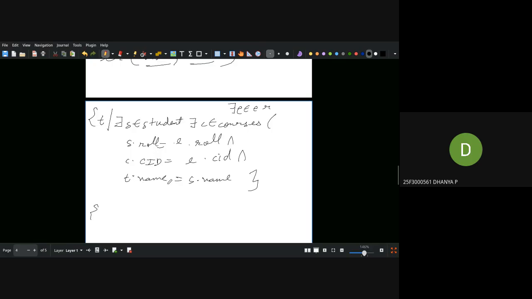It is similar to that. This is a selection in regards to TRC, and you can give the where conditions also after that. If you want to select only those students, some specific students, some specific courses, you want to add a condition, you can do that.